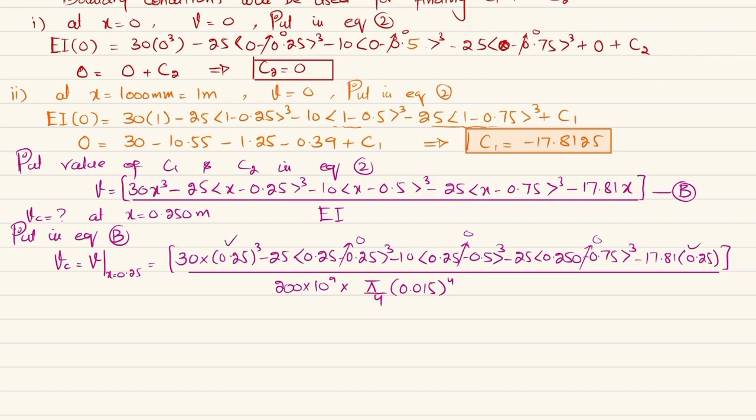And when you divide it, you will get VC, that is V at X is equal to 0.25, equal to minus 0.000501 meter.